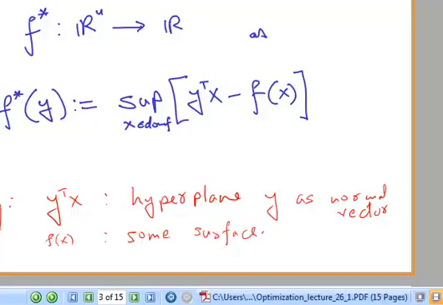So basically, for each y you get a hyperplane, and f star, the conjugate of f, is measuring, from the top, what is the maximum the surface is going below the plane defined by y.